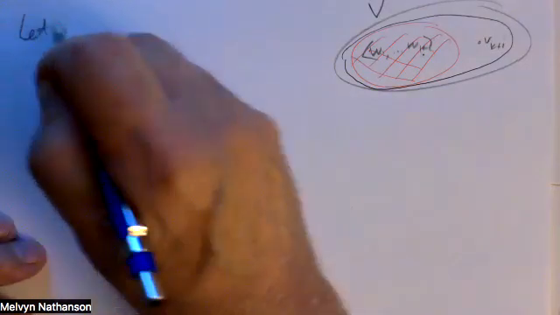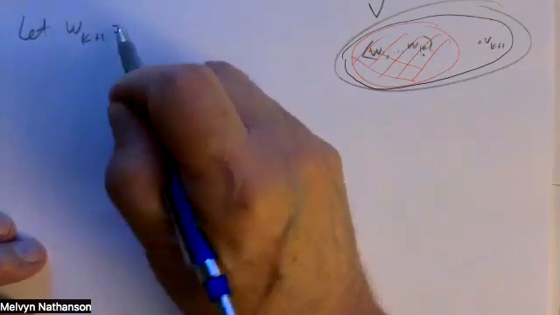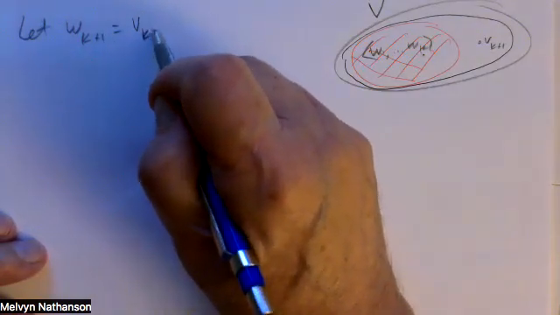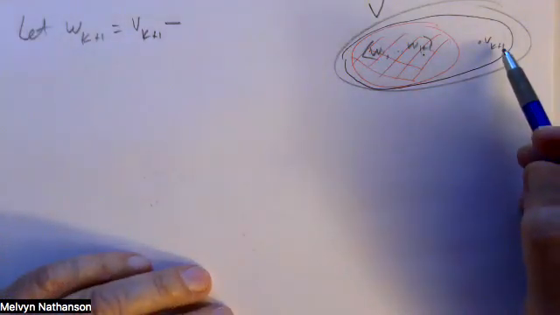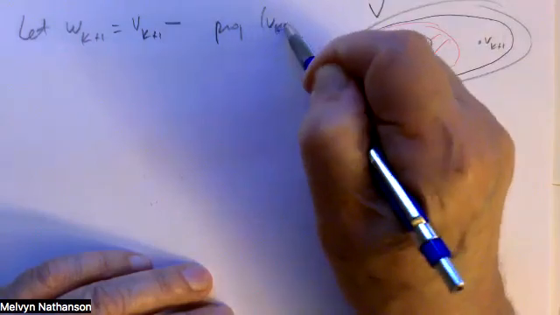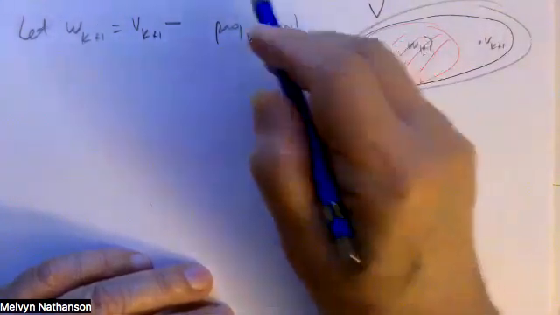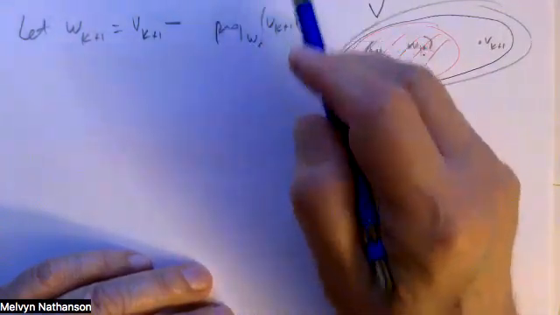So I want to say let w_{k+1} be the following vector. I take v_{k+1}, and then I subtract from v_{k+1} the projection of v_{k+1} on the vector wi for all the wi's in this set.